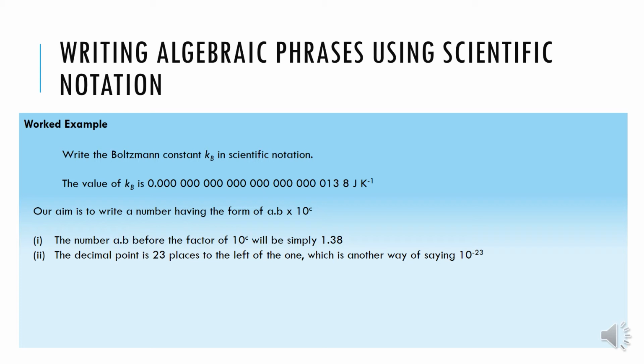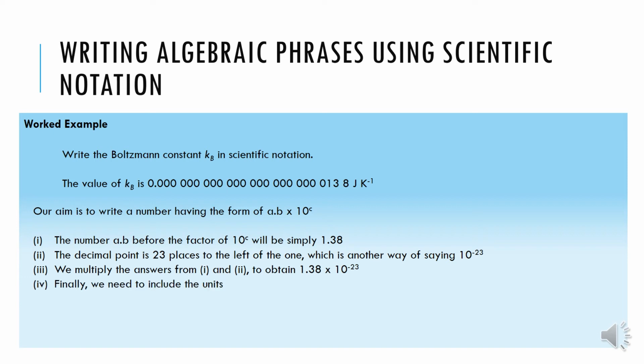We know that the decimal point is 23 places to the left of the 1, which is another way of saying 10 raised to the power of minus 23. And we very simply multiply the answers that we gain from 1 and 2 to obtain 1.38 times 10 to the minus 23. And finally we include units, so we write the Boltzmann constant there using scientific notation as 1.38 times 10 to the minus 23 joules per Kelvin.